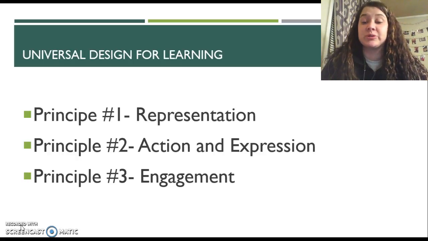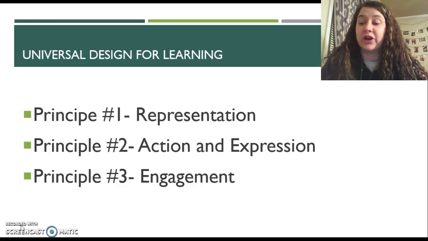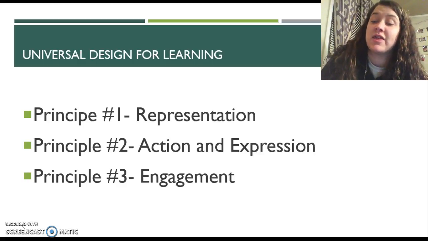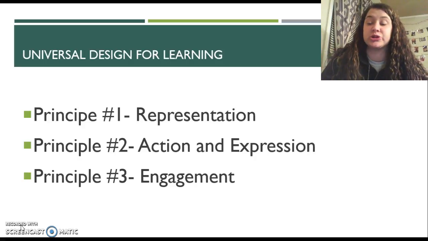The second principle is providing multiple means of action and expression, or the how of learning. This provides options for physical action, for expression and communication, and for executive functions. This principle creates strategic, goal-directed learners.